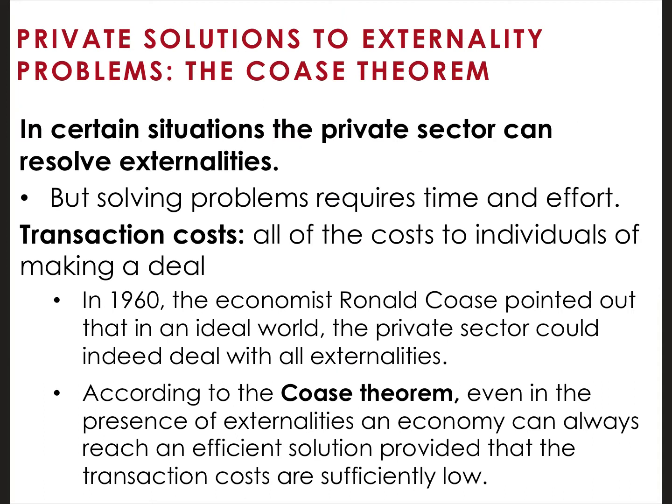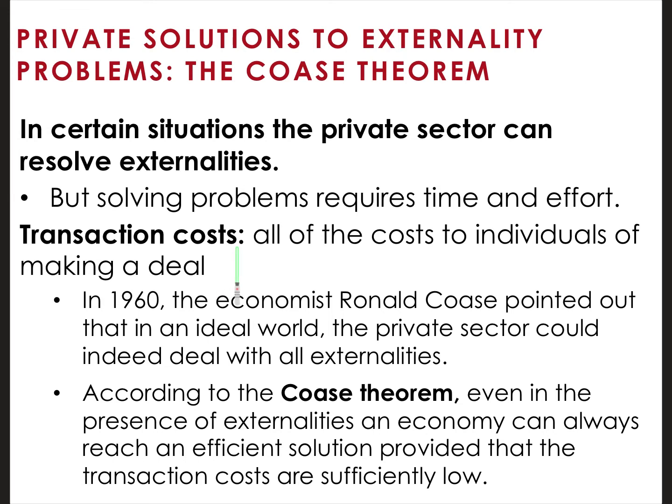To set it up, in certain situations, the private sector can solve externalities without outside intervention. But there's a cost. So let's talk about those transaction costs. The costs include getting all the individuals together to communicate and make a deal.